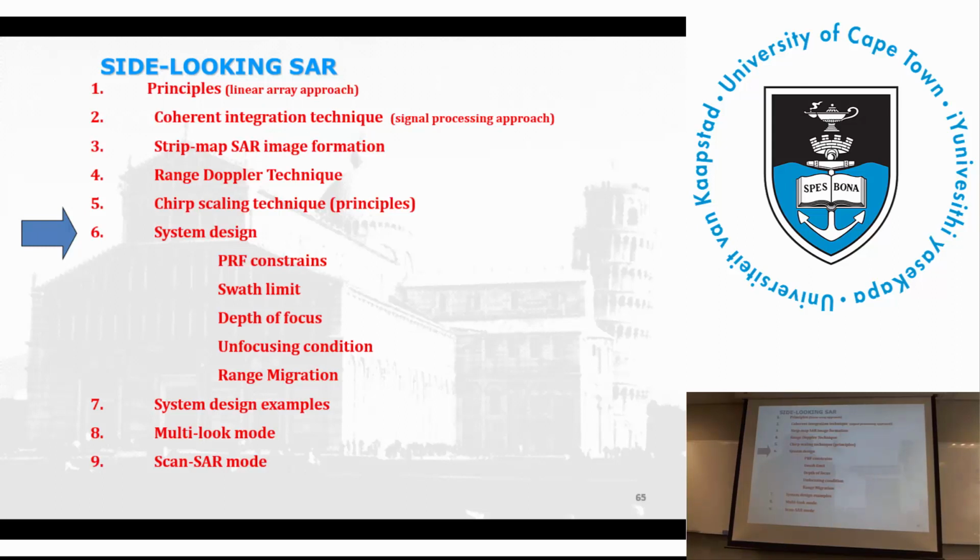And even the antenna aperture and the distance at which the platform flies with respect to the illuminated area, the swath, and so on. All these parameters come into place here, and basically we have to understand what are the boundaries within which we can tune our parameters so that we don't break assumptions, we don't break conditions that allow us to form SAR images effectively. So we will start with PRF constraints.